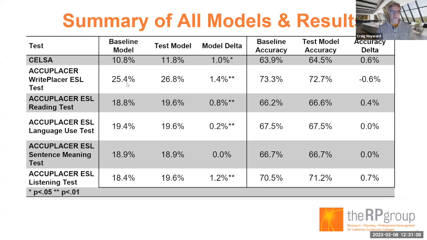The WritePlacer ESL had a significant improvement in the model explanatory power from 25.4 to 26.8. However, the accuracy was lower when we included the test scores, so we had inconsistent results for the WritePlacer ESL, which is an essay-based test.